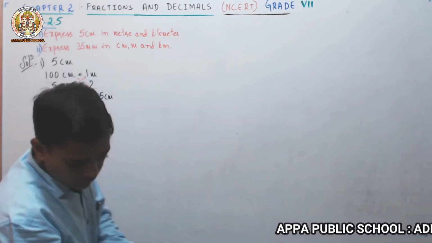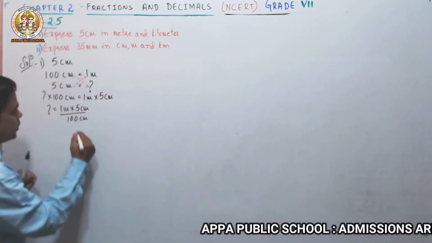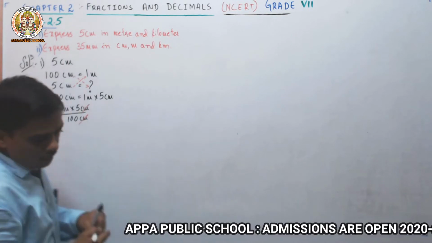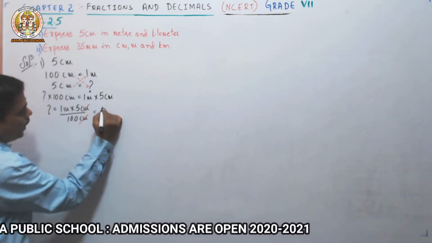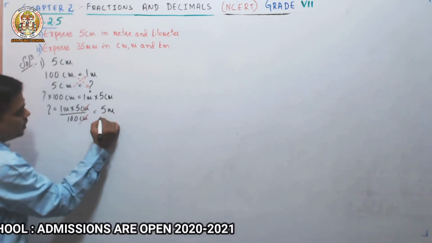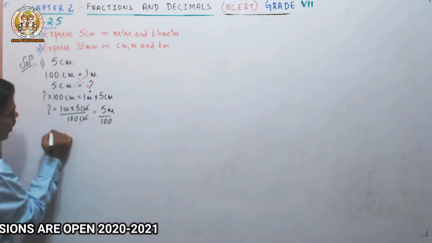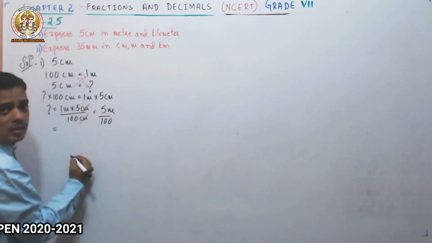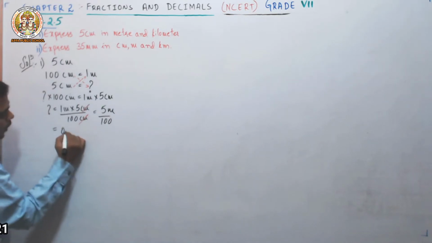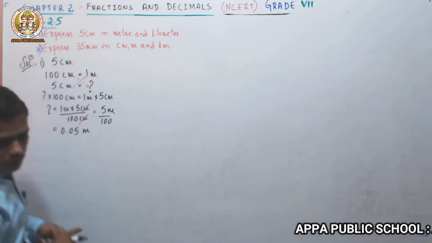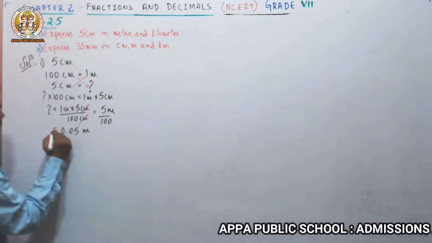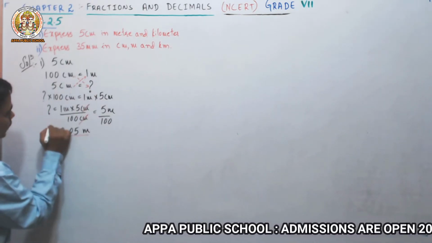Cancel centimeter and centimeter. Remaining is 5 into 1, which is 5, the meter as it is, divided by 100. That is 0.05 meter. I got the answer as 0.05 meter.